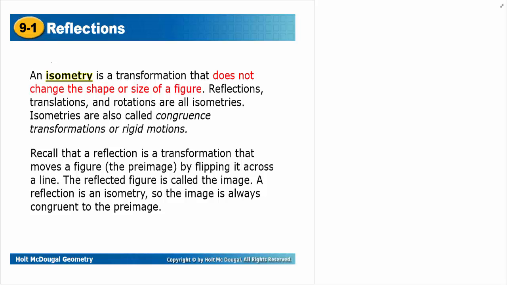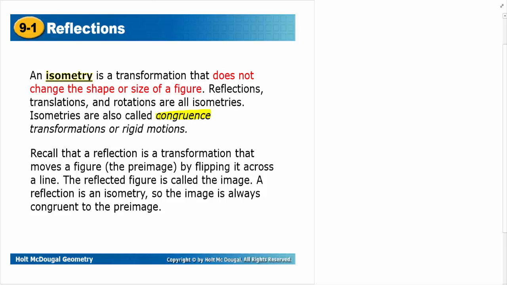An isometry is a transformation that does not change the shape or size of a figure, which sounds pretty familiar to the definition I gave you for congruency. So you'll see a little bit of connection there. Reflections, translations, and rotations are all isometries, and we have an idea of what all 3 of those are because we've done them before. So isometries are also called congruence transformations. Again, I want you to remember that word congruence.